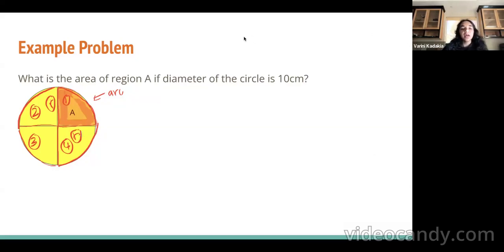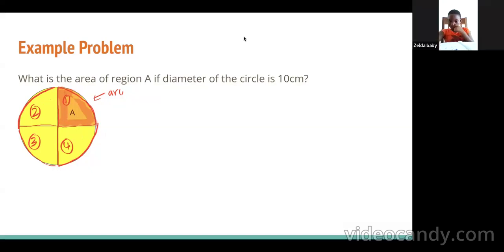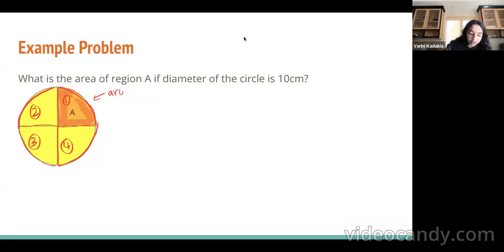If we look at A, we can see that it requires 4 sectors that have the same area as A to make up the entire area of the circle. Does that make sense to everyone? So you have 1 over here, 1 over here, 1 over here, and 1 over here.